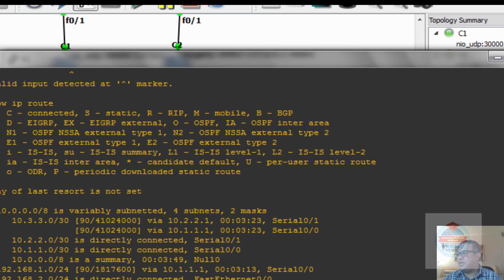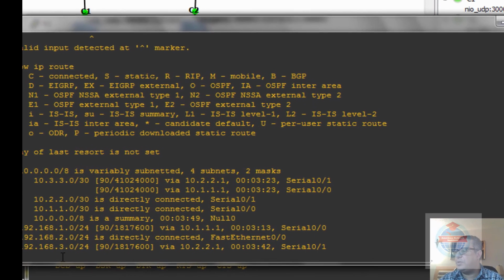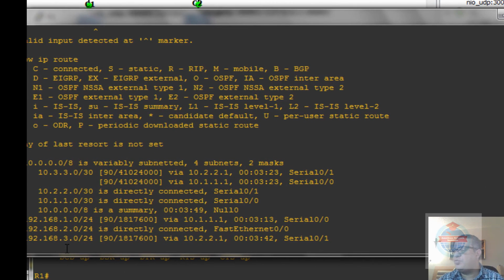What we see over here is that in R2 we have the same routing table as before, because we have two equal cost routes to 10.3.3.0, the one that you see over here, guys. You see this one and that one, that's equal cost.